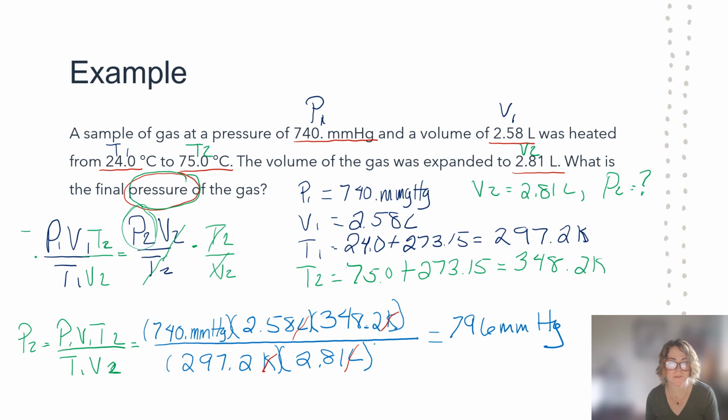Then looking at my significant figures, 740 has 3 significant figures, 2.58 has 3 significant figures, and so does 2.81. Because those variables have the fewest sig figs, my final answer can only have 3 significant figures.